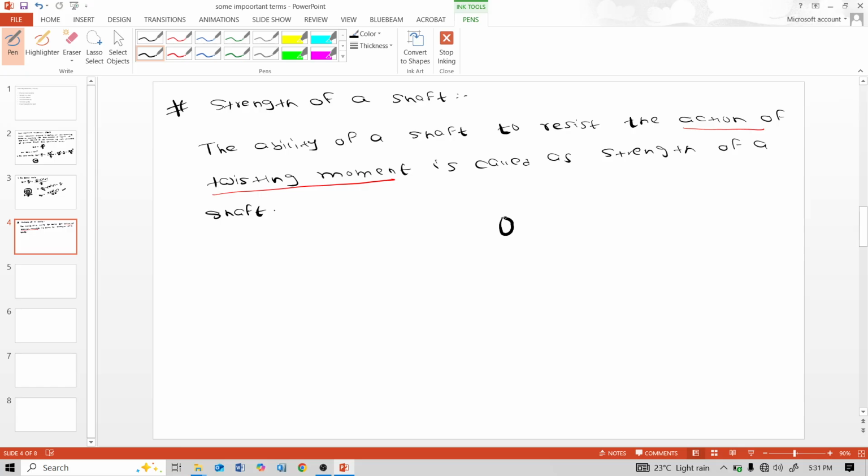So this is a shaft. Let us consider a circular shaft, and this is the longitudinal axis. This is twisting moment T. This twisting moment is resisted by this shaft, and the resistance is the ability of a shaft. So this is strength of a shaft, and it is given by the formula T is equal to tau into Zp.